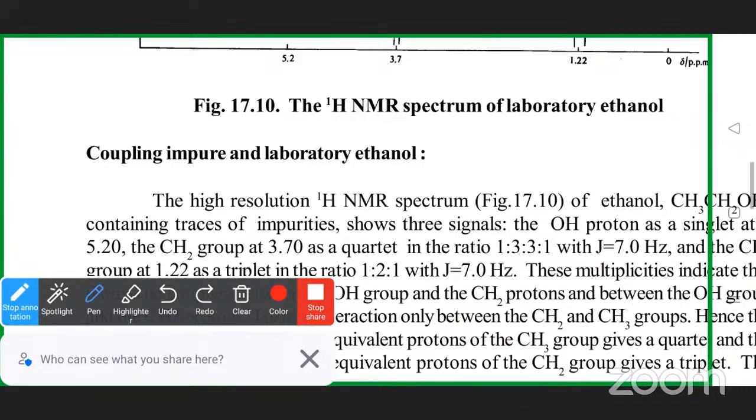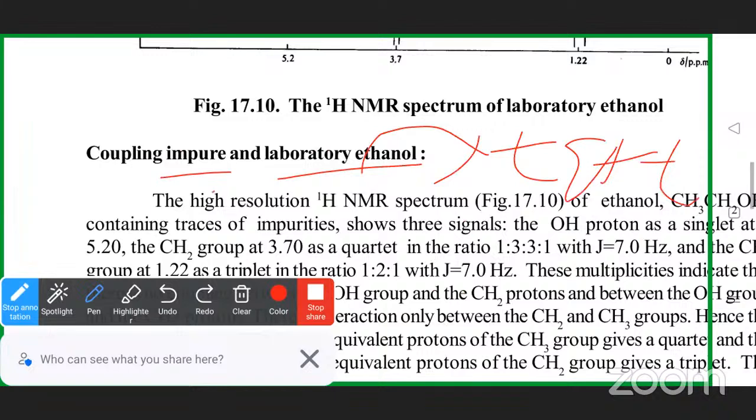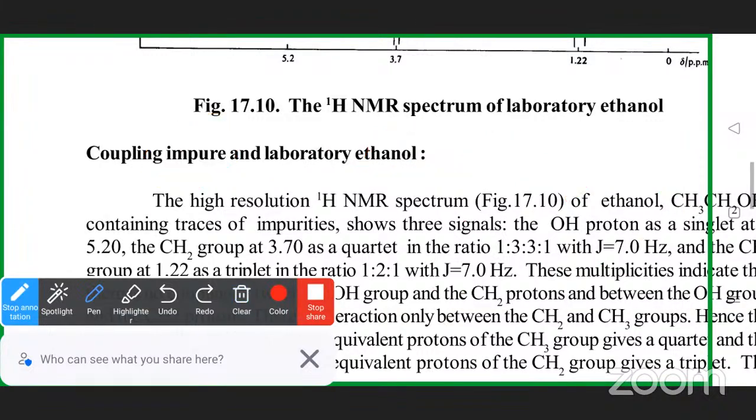Here, laboratory ethanol and impure ethanol are given. So for laboratory ethanol, we get a triplet, quintet, and triplet. For impure alcohol, it is mixed up with some impurities.